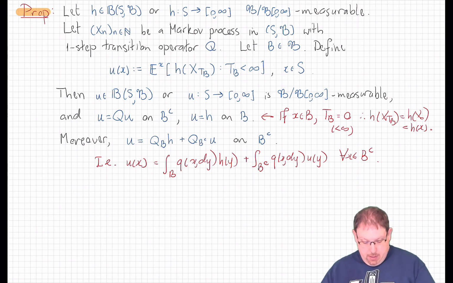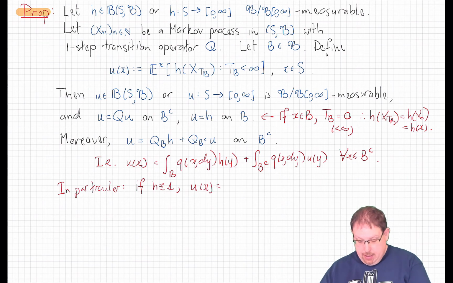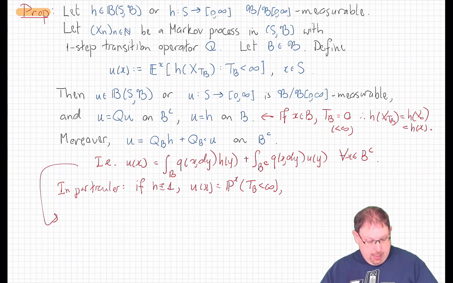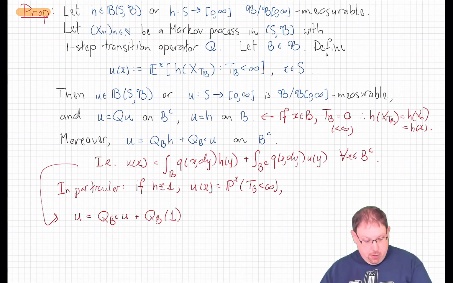Now, in particular, if we take h constantly equal to 1, where we know in that case u of x is the probability starting in x that the hitting time of B is finite, then what this tells us is that u is a solution of the fixed point equation. U is QB complement of u plus QB of the constant function 1, which again is not equal to 1.